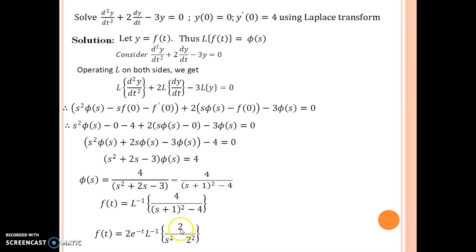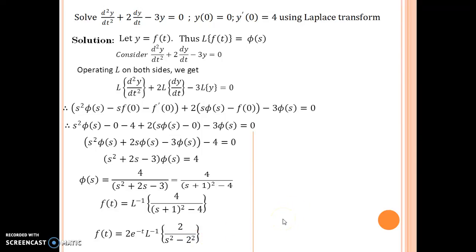Here a square is 2 square, so I need 2 in the numerator. So I am splitting up this 4 as 2 into 2, and I get 2 times e to the power minus t, L inverse of 2 over s square minus 2 square.